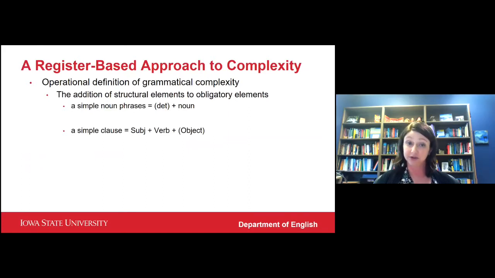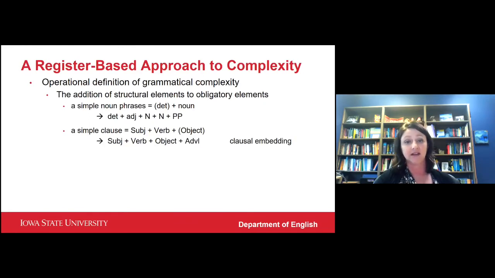So while a simple noun phrase would have just a determiner, possibly a determiner and a noun, and a simple clause has a subject and verb and maybe an object, a complex element would have these additional structural elements, like an adjective that modifies the noun, or a noun that modifies a noun, or a prepositional phrase that modifies the noun. And likewise, a complex clause may have more than just the subject, verb, and object. It may have other types of adverbials or embedded clauses.